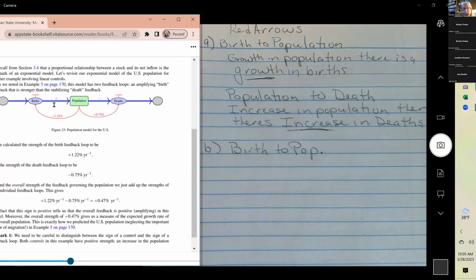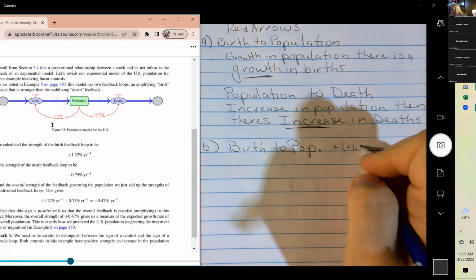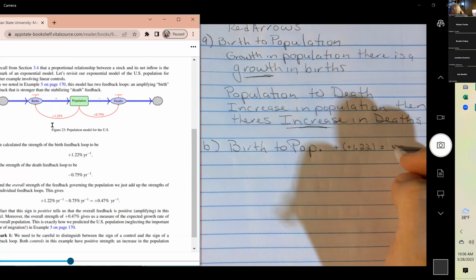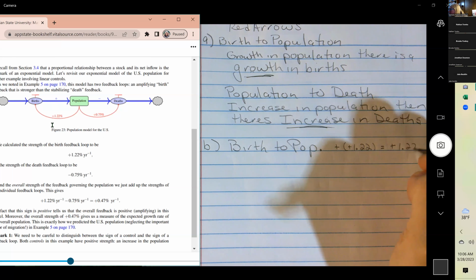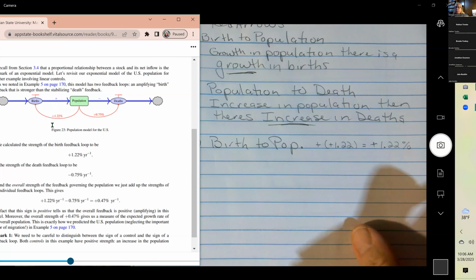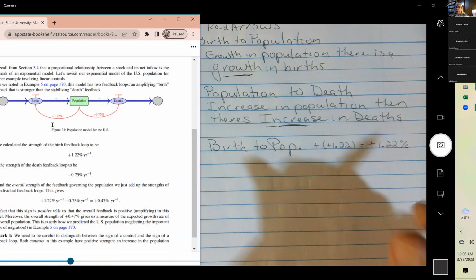You multiply your signs, a positive and a positive is a positive. So the strength is the 1.22%. The positive means it's amplifying.